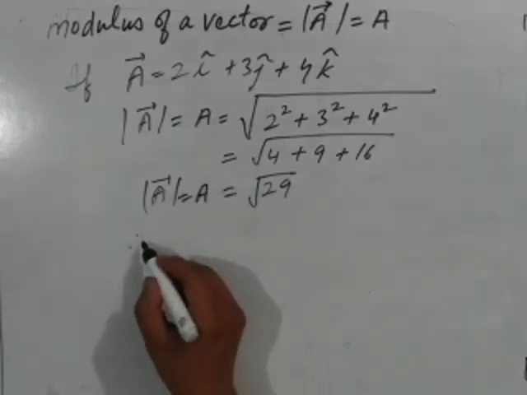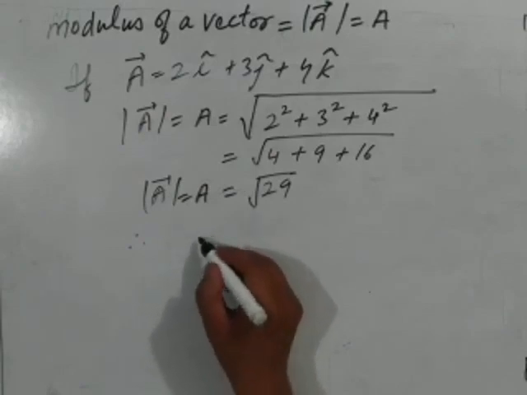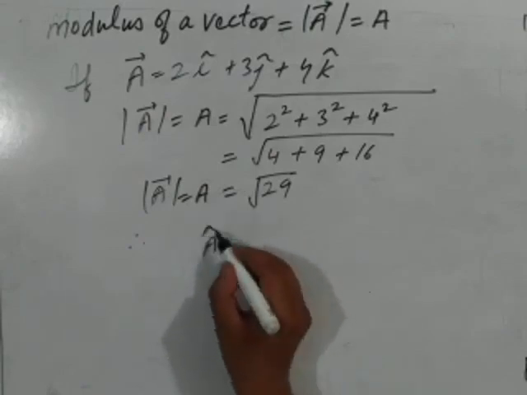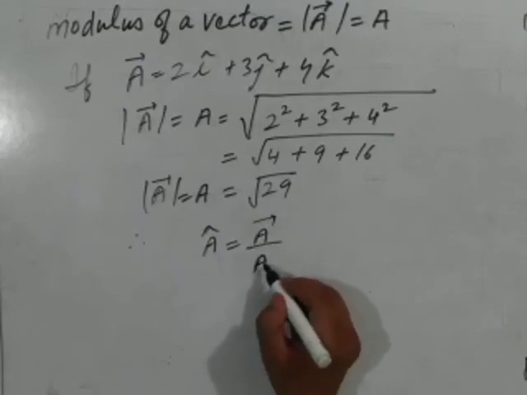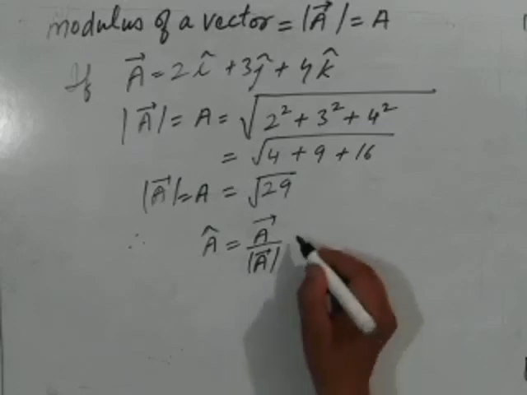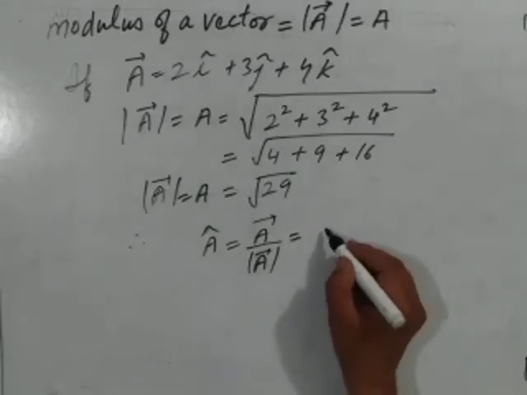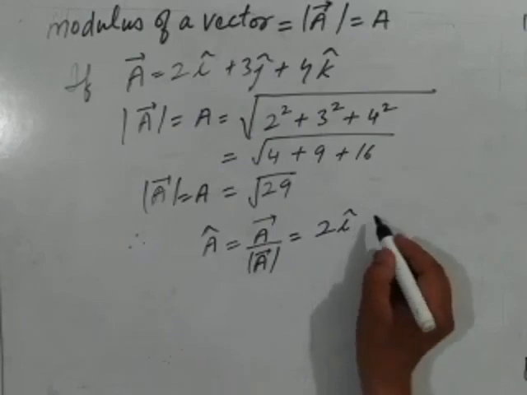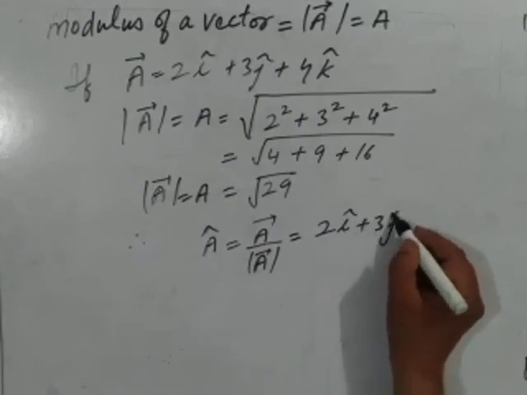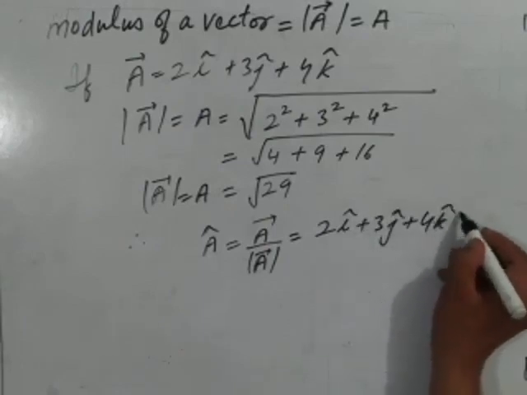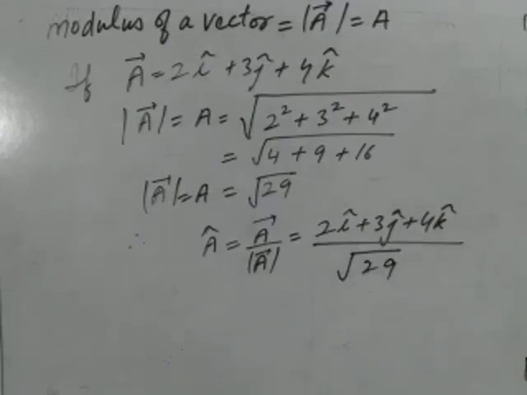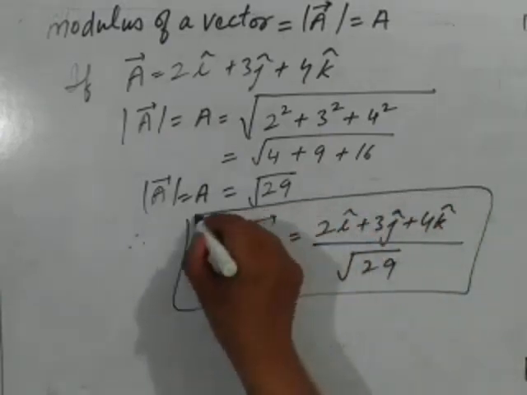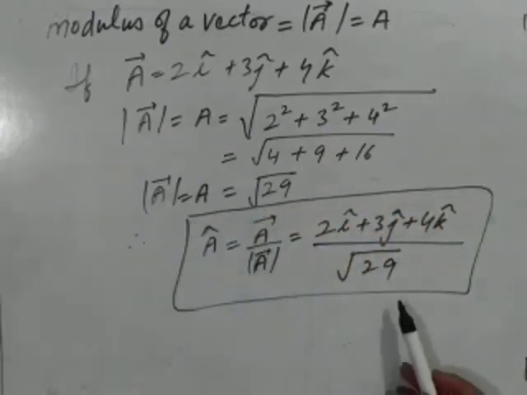So if we have to find out therefore A cap, if we have to find out the unit vector, the general formula is A vector upon modulus of A. So we will put the values as 2i cap plus 3j cap plus 4k cap upon under the root 29. So by this method we can calculate the value of A cap.